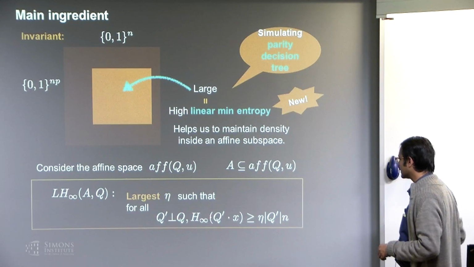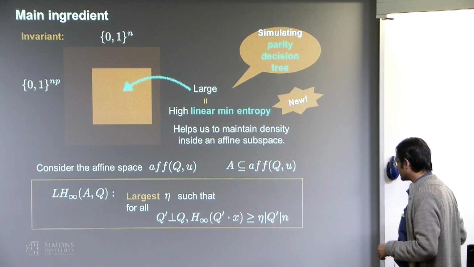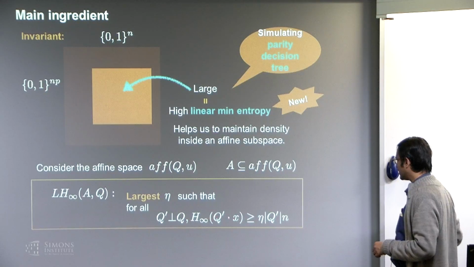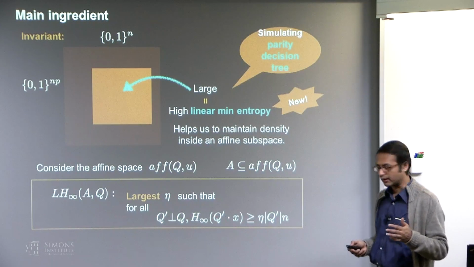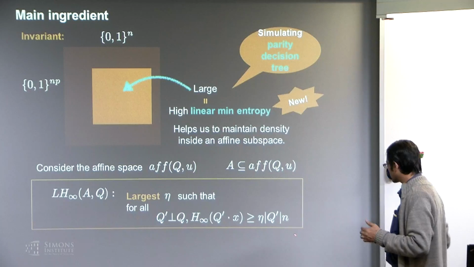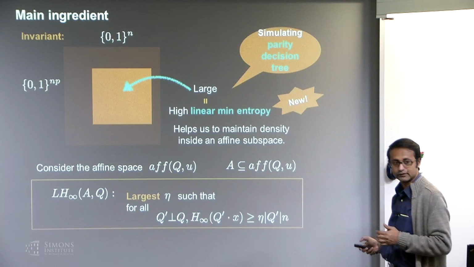And when X is chosen uniformly at random from A, and you look at Q prime dot X, that's going to give you Q prime times n bits, right?